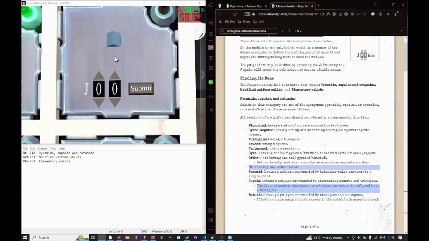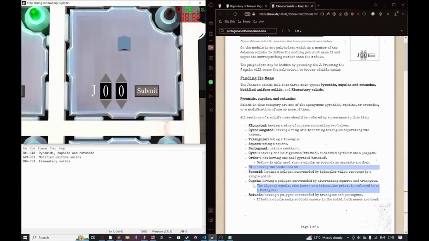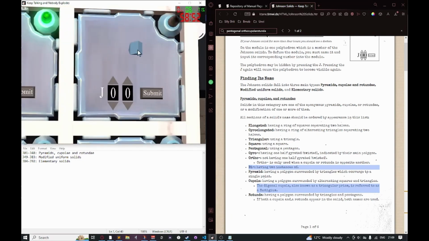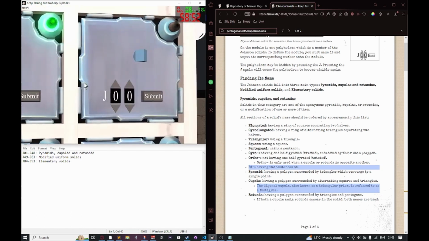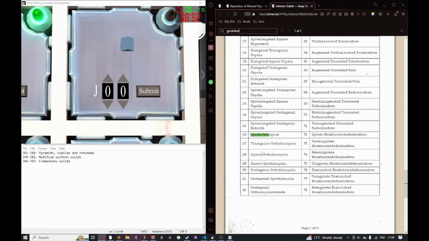So what we have here is a bifastigium, and this line here seems to not line up with this line here. They seem to be orthogonal to each other. So that would be a gyro bifastigium, which is 26.